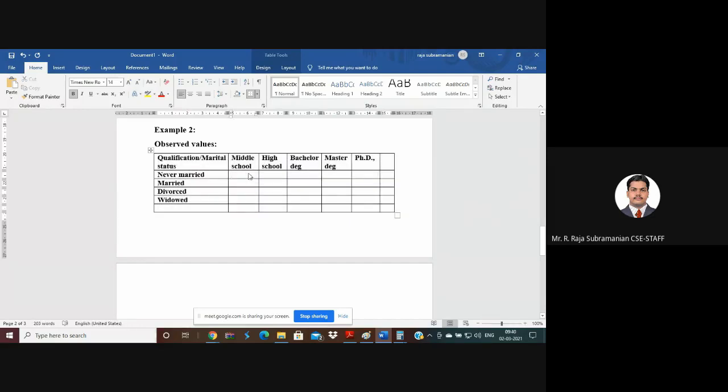Now let us give some values here. Suppose 18 members who are never married have done up to middle school, and the number of people done up to high school is 36. Number of people with bachelors is 21, 9 and 6. We have it like this.